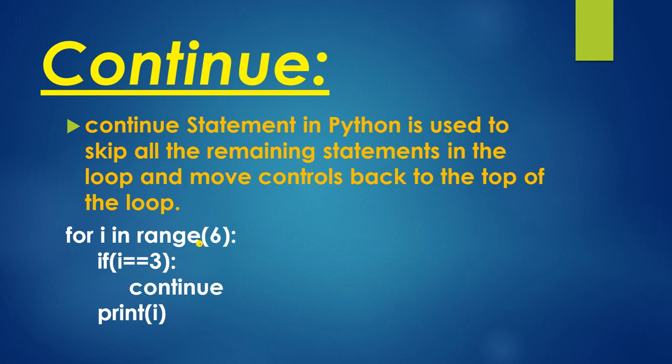So this is the continue loop. When a continue statement is encountered, the control jumps to the beginning of the loop for the next iteration, thus skipping the execution of statements inside the body of the loop for the current iteration.